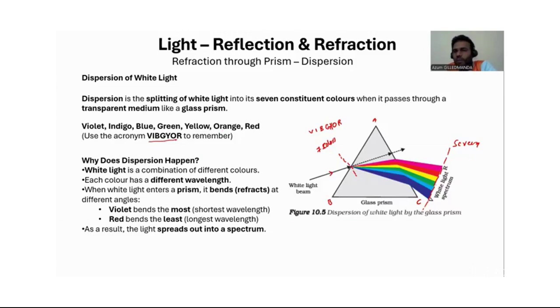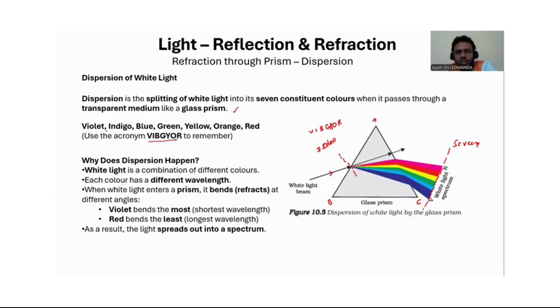That phenomenon, that process of the white light dividing into 7 different colors, is called dispersion. If you want to write the definition, dispersion is the splitting of white light into 7 constituent colors when it passes through a transparent medium like a glass prism.